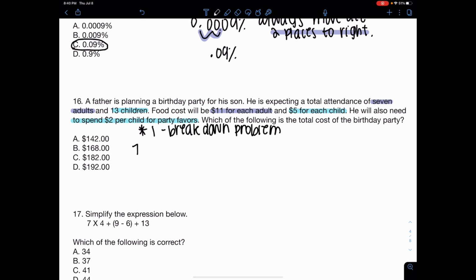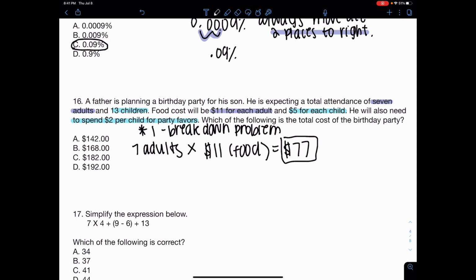So 7 adults, each at $11. So you're going to multiply that 7 by 11 for food, which is giving you a total of $77. Okay, so he's going to spend $77 on all the adults for the party. Now, there are 13 children. I'm just going to write child.